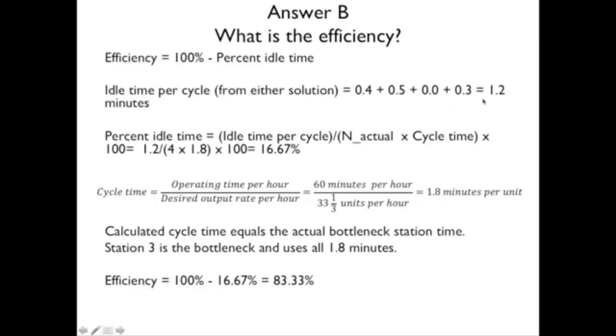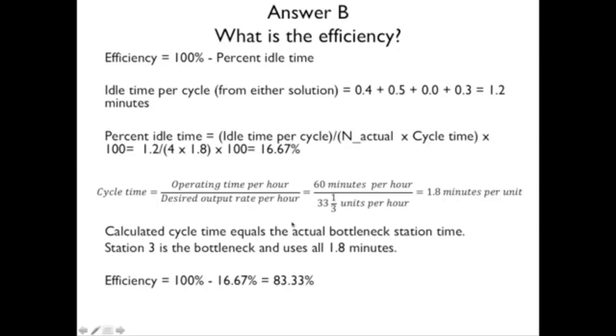And you add all of these together, you get 1.2 minutes of idle time. So the percent of idle time is the idle time per cycle divided by the actual number of stations times the cycle time. So it comes out to be 16.67% idle time.